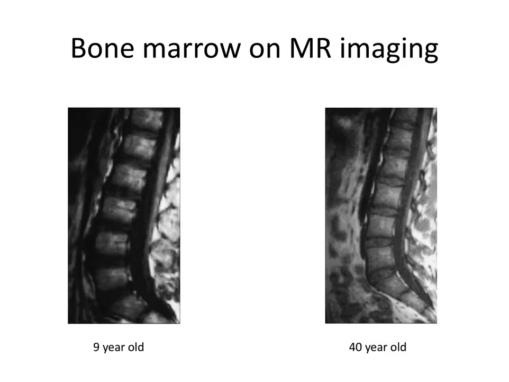So if you're, for example, looking at bone marrow on MR imaging, and this is a certain type of MR imaging, this is referred to as T1 weighted MR imaging. And don't worry too much about the details, but just know that there's different types of MR imaging that can be performed.